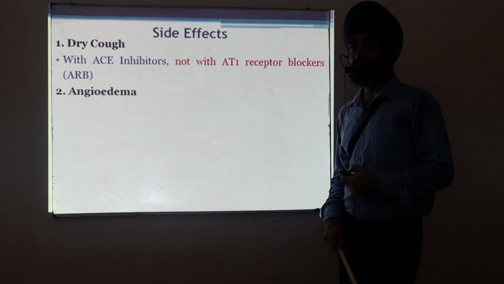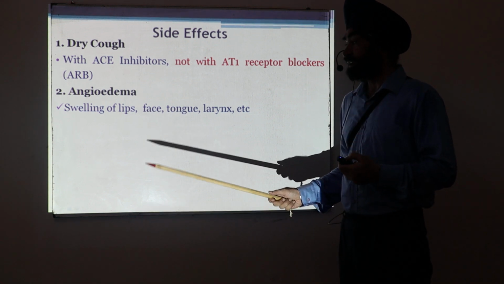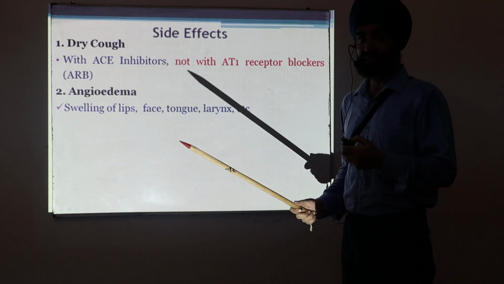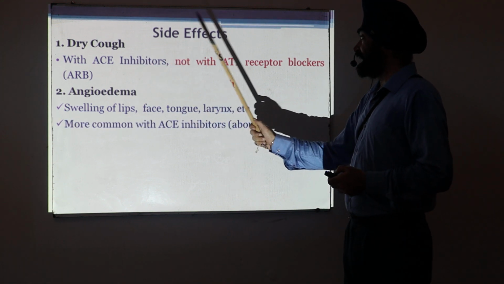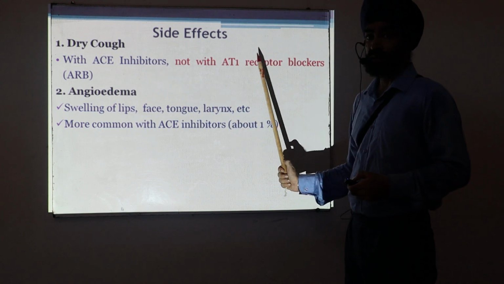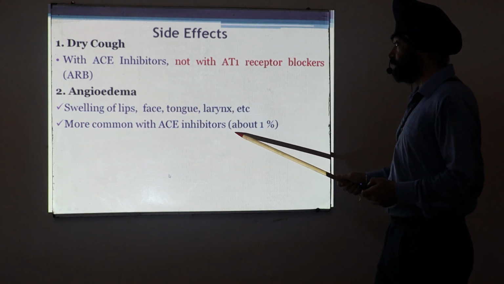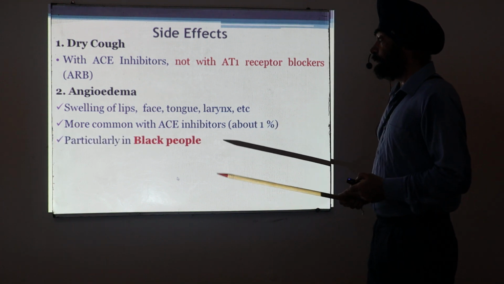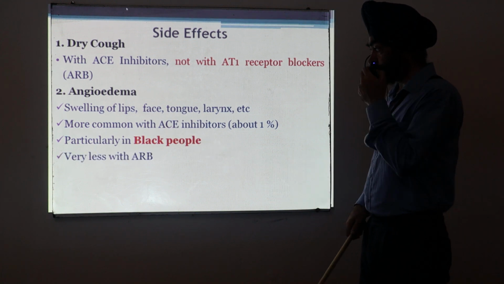Second is angioedema. Angioedema is a type of allergy, and there is swelling of lips, face, tongue, larynx, these kinds of things. If you compare ACE inhibitors and AT1 receptor blockers, it is more common with the ACE inhibitors, about 1%. Particularly if the community is black people, it is very common.